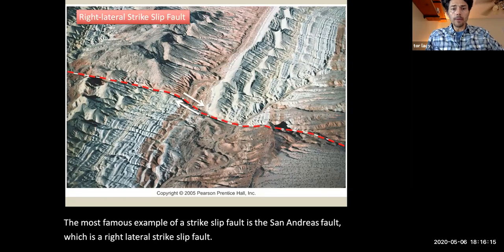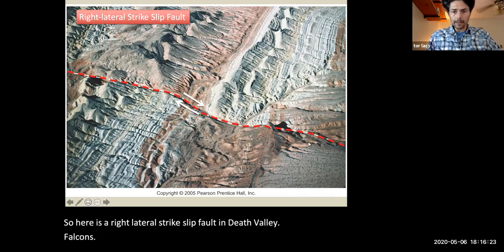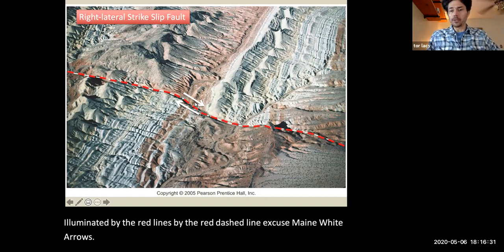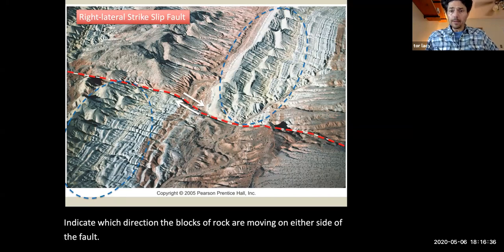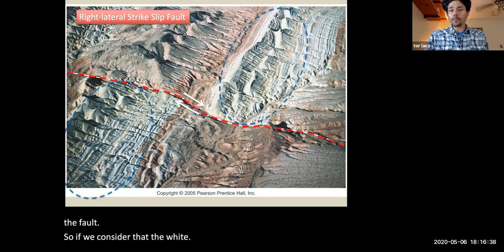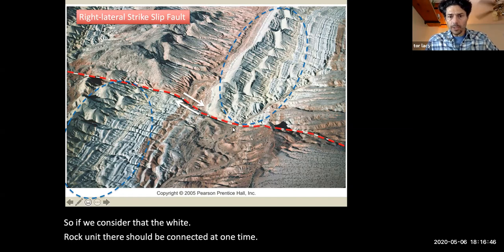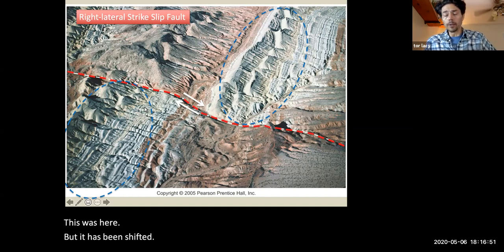So here is a right lateral strike slip fault in Death Valley. The fault is illuminated by the red dashed line. White arrows indicate which direction the blocks of rock are moving on either side of the fault. If we consider that the white rock unit there should be connected at one time, this was here, but it has been shifted by movement along the fault.